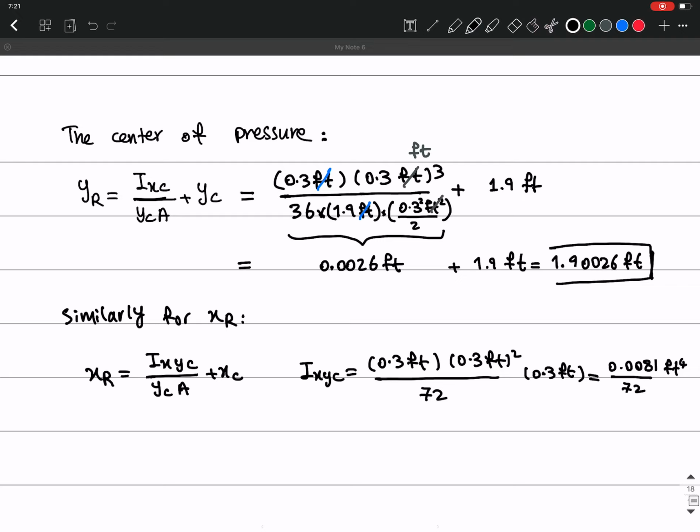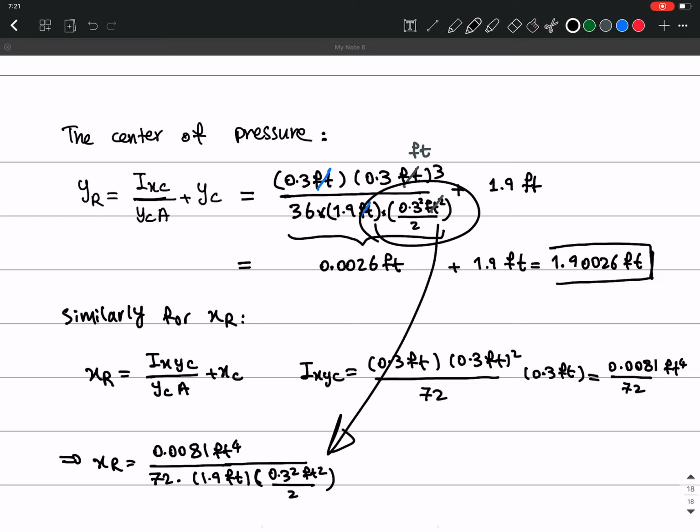And then I want to calculate XR. So XR is going to be 0.0081 foot to the power 4 over 72 times 1.9 foot, which is YC, times A, which is 0.3 foot squared over 2, just from here.